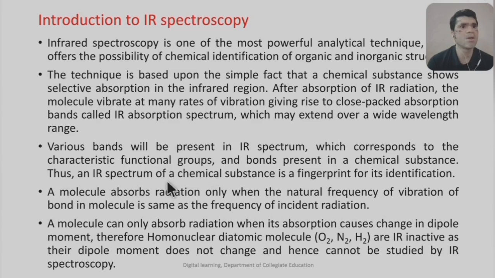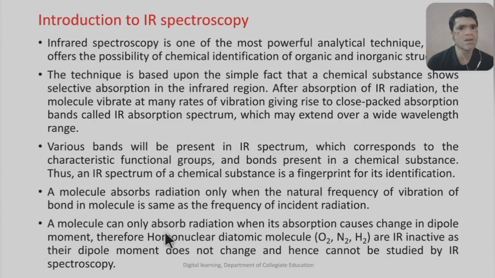For example, if our molecule contains an OH bond, the OH frequency of vibration is around 3300 per centimeter, and when we put IR radiation on that molecule, it will absorb only radiation corresponding to its vibrational frequency, that is 3300 per centimeter.